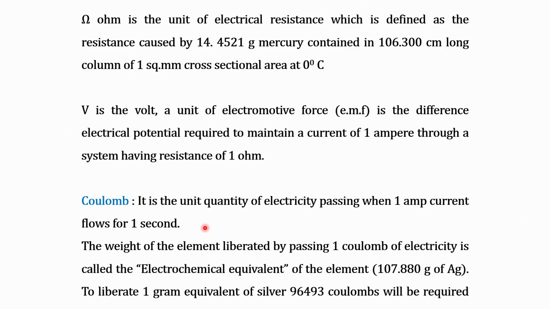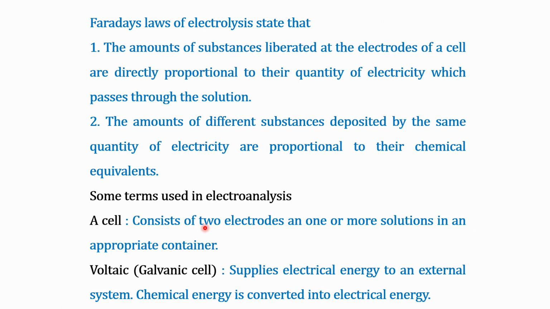So, the amount of substance that is liberated at the electrodes of a cell is directly proportional to the quantity of electricity. Suppose you pass 96,493 coulombs, 1 gram equivalent will be deposited.